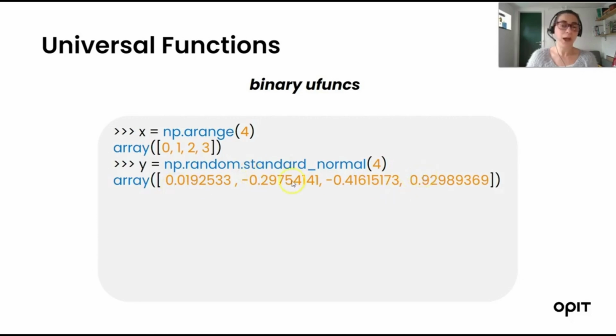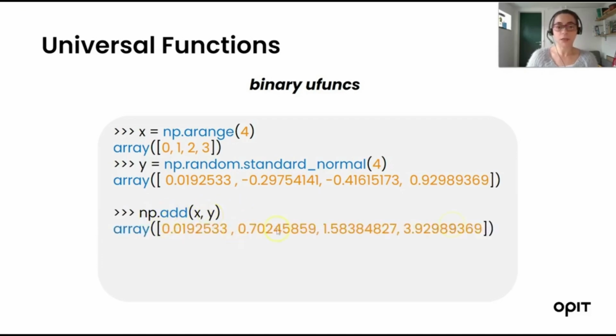If we wish to add these arrays together, we have seen that we can use the plus symbol to perform the element-wise addition, but we can also use the add function of NumPy, passing the 2 arrays as arguments. And what we get is a new array, same shape as the arrays that we added together, with the element-wise sums as its elements. Similarly, we can use the maximum function for getting the maximum element-wise between 2 arrays, or the minimum, etc.